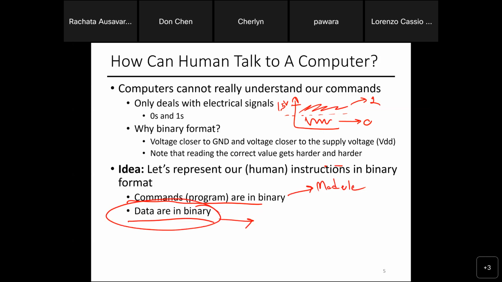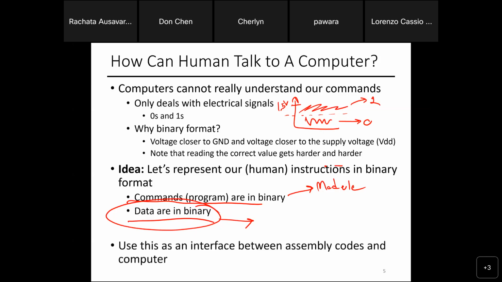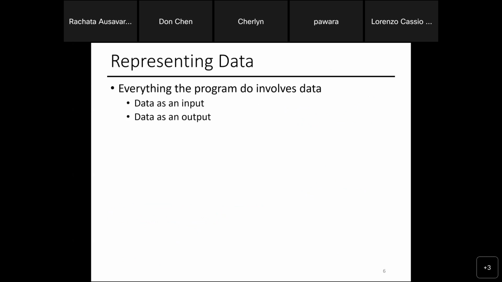An integer number would work in a different way from a character. All right. And we use this as the interface between your assembly code and a computer to run the code on.